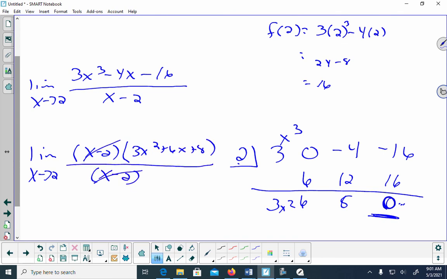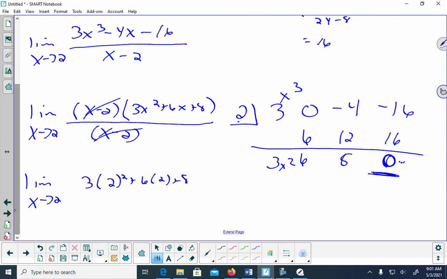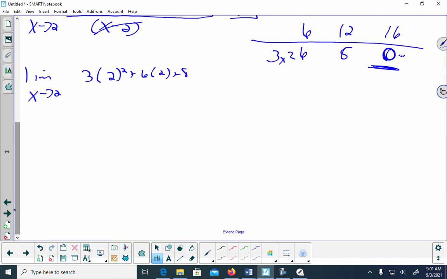Now the x minus 2's will simplify, and I'm left with a limit as x approaches 2 of 3, and then in place of the x, I'm going to write 2. 2 squared plus 6 times 2 plus 8. So that'll be 12, 12, 8. And when I do all this, I get 32.